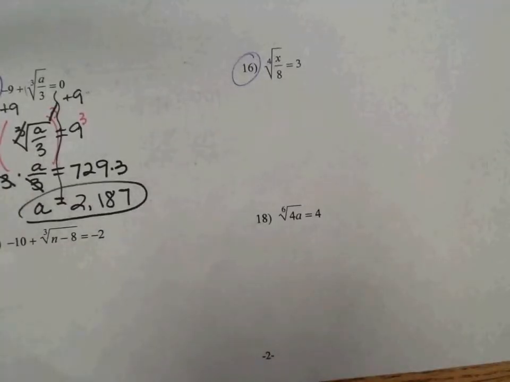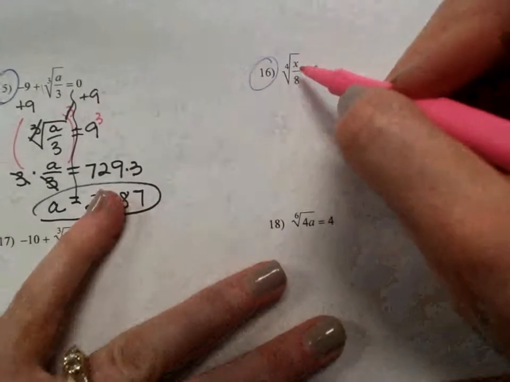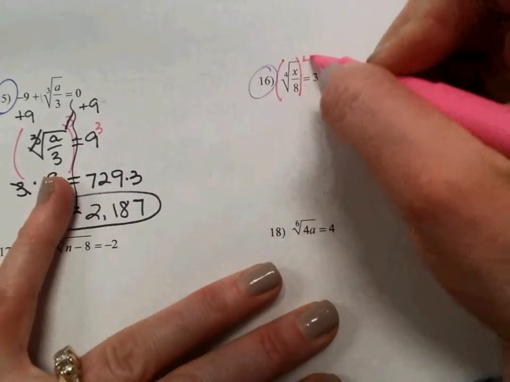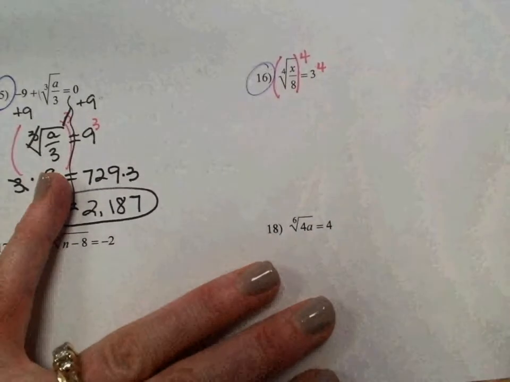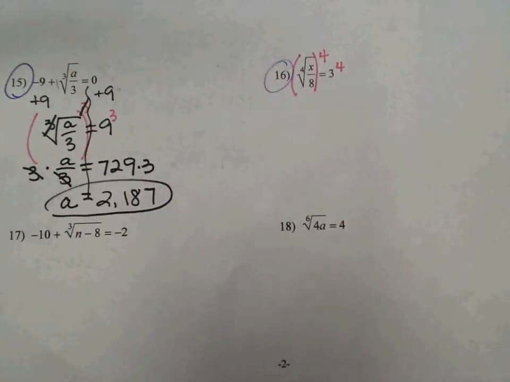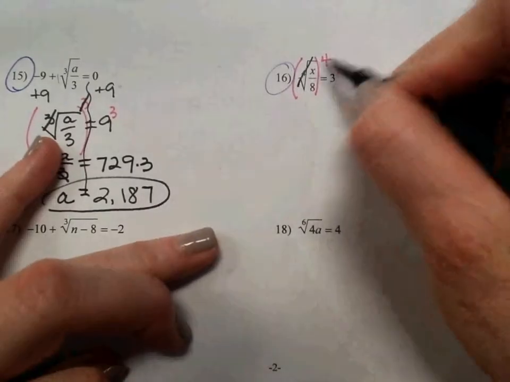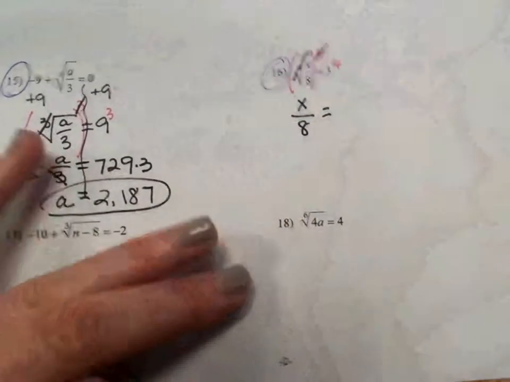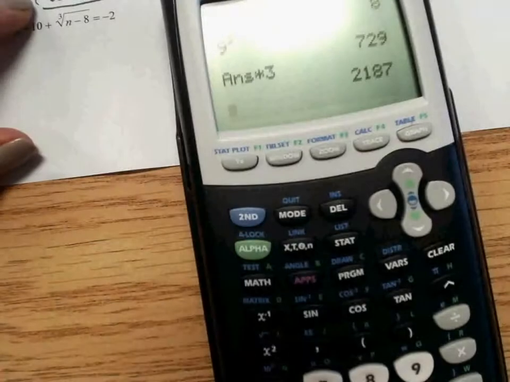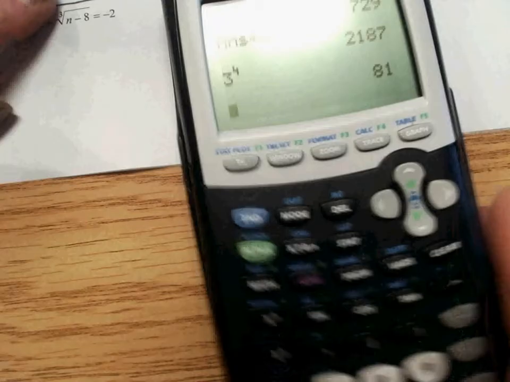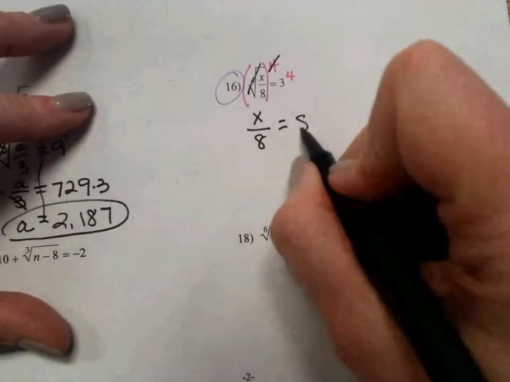Last one. In this case we have a root that is a 4. As you might have guessed, we are raising both sides to the 4th power so that we can cancel out the 4th root, leaving us with x over 8 equals 3 to the 4th. 3 to the 4th power is 81.